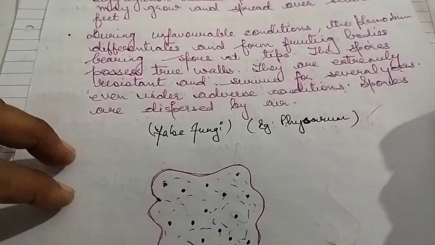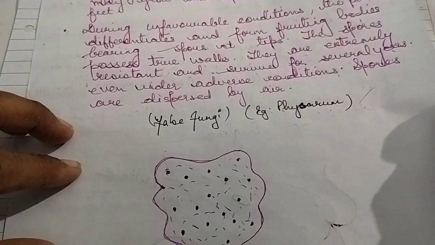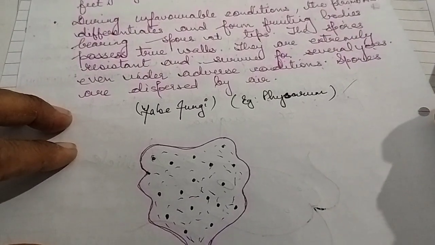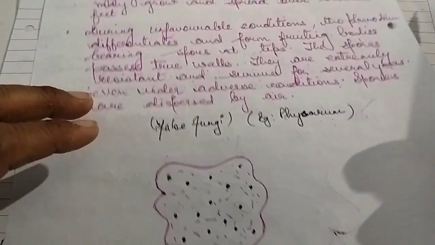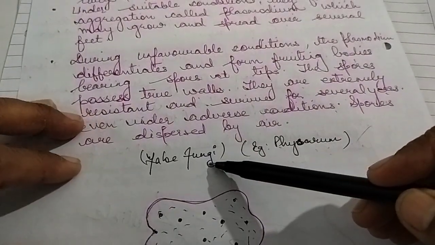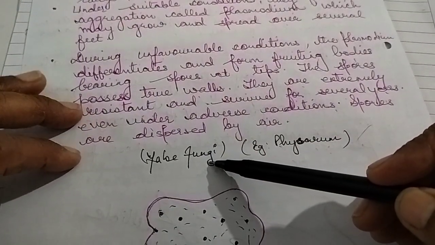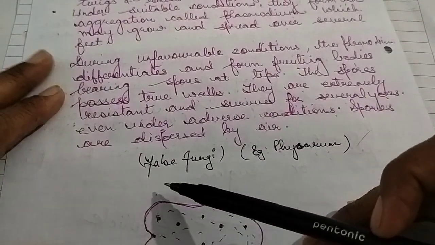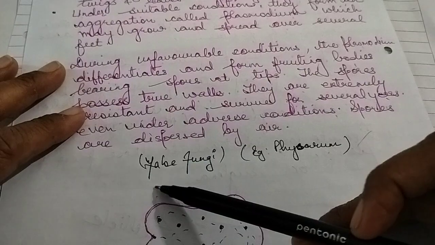But these slime molds are not fungi, they are separate organisms included under Protista, and so they are also called false fungi. So remember this for your competitive exams. For NEET, you can have confusion in that.